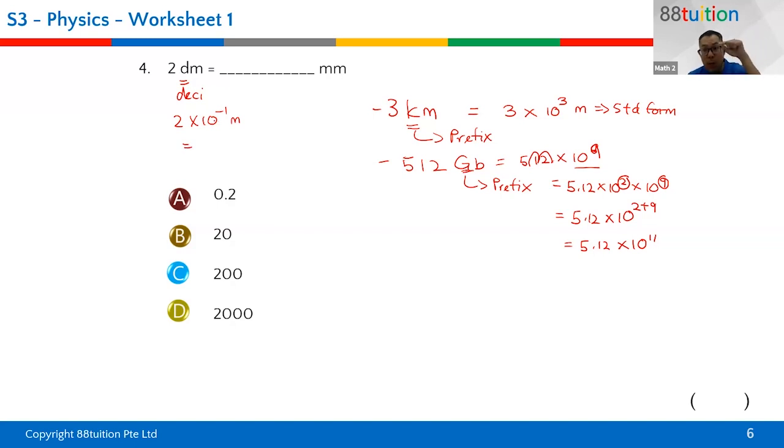So 10 minus 1, when it's minus 1, I can also write it like this. So I get 0.2 meters. At this point, everybody clear? Anyone got questions or lost already?